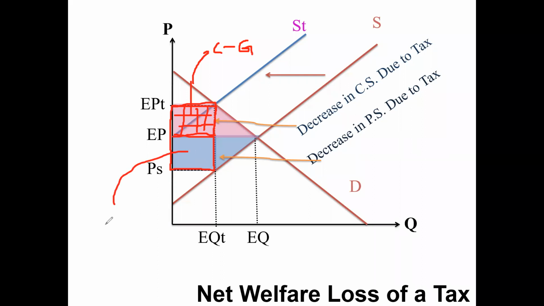Second below rectangular producer ගෙන් government එකට යනවා. Right? So therefore, these two rectangular areas are not a matter because someone lost, someone gets. Right? The upper part, consumer pays. Government gets.